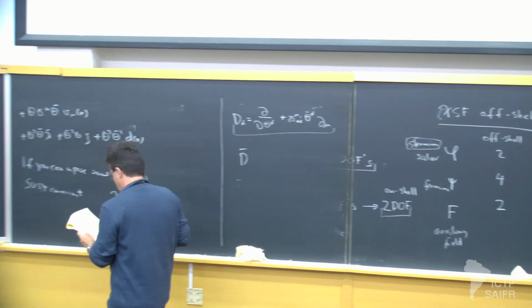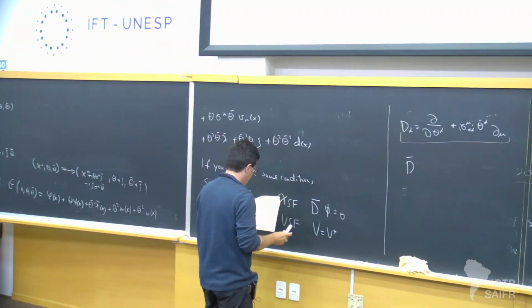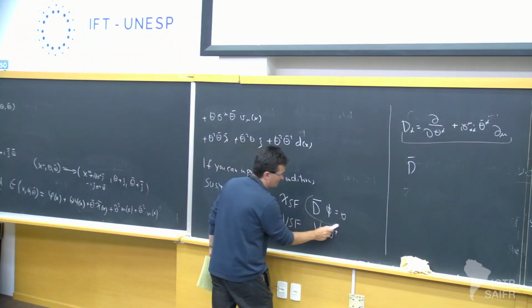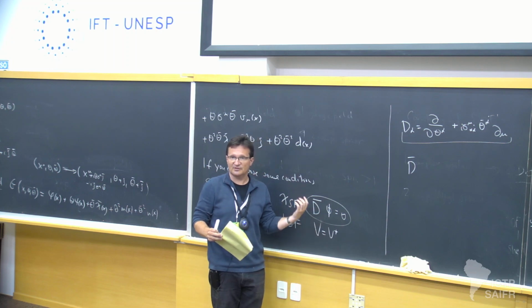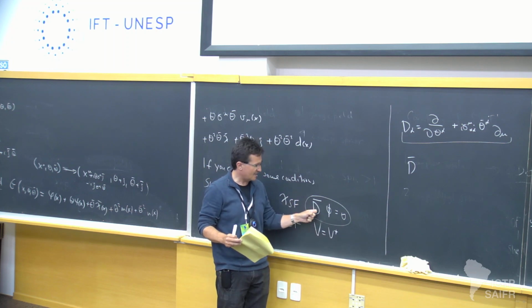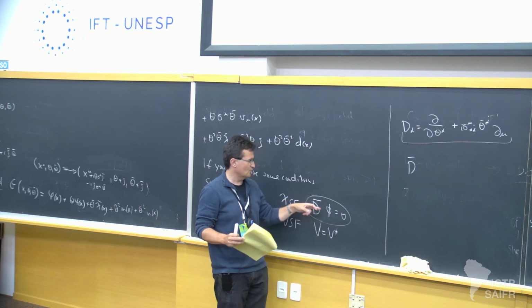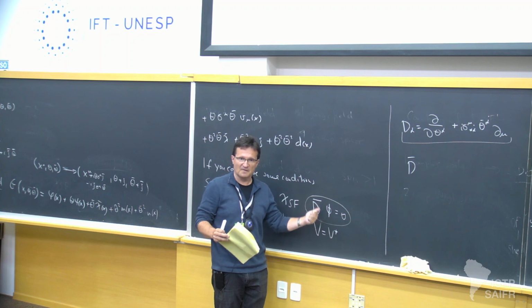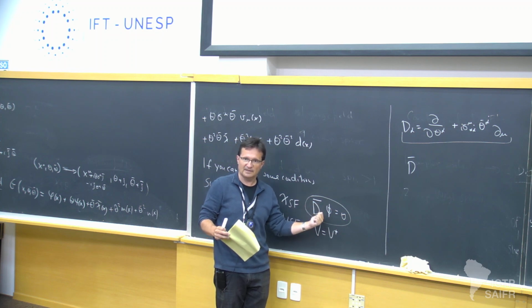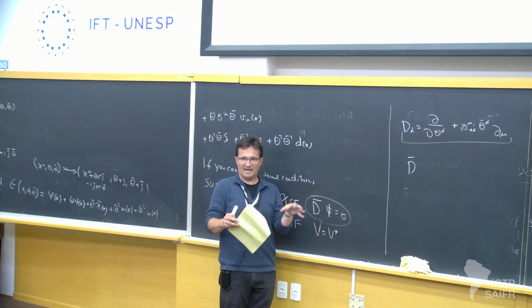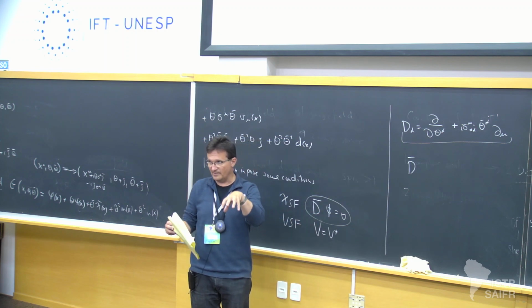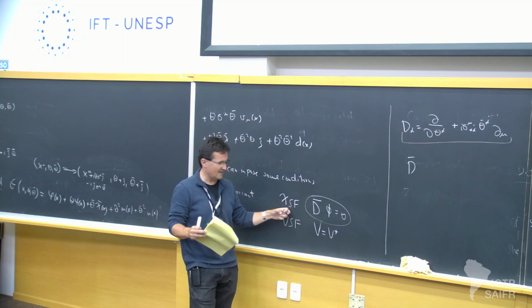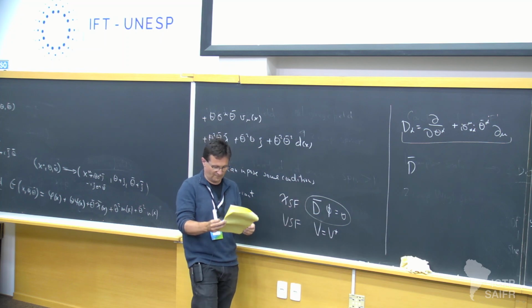The claim is that this condition, because it's formulated using the supersymmetric derivatives, is actually covariant. If you apply a supersymmetry transformation, the transformed field will also satisfy this condition. That means that whatever satisfies this condition is going to be one of the smaller building blocks, and this is what will eventually give rise to the chiral superfield.